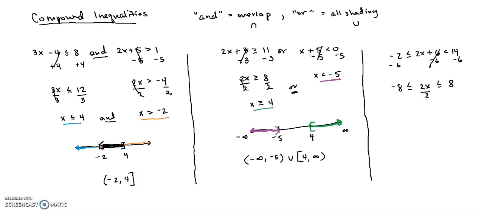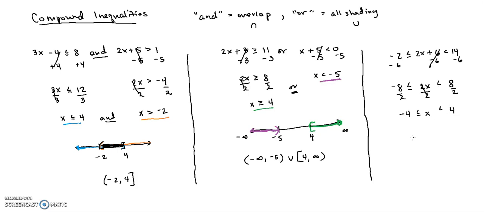And then we're going to divide everything by 2. We're going to get negative 4 on the left, and we're going to get 4 on the right.